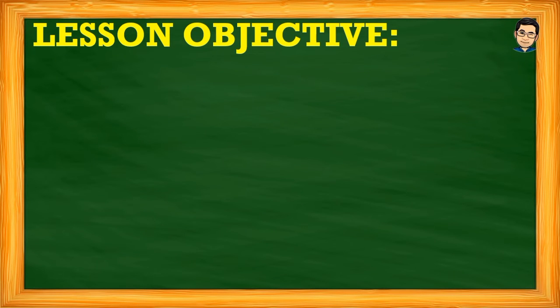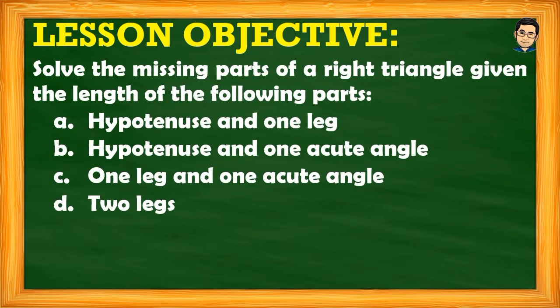So for our lesson objective, so sabi ko nga kanina, ayan, i-discuss ko na sa ating introduction. So we will be solving for the missing parts of a right triangle given the length of the following parts. So ayan, yun lang po yung mga condition na kung saan pwede nating makuha yung mga sukat ng missing parts.